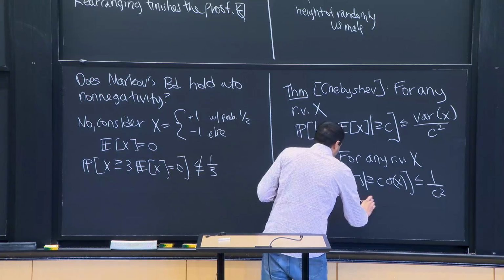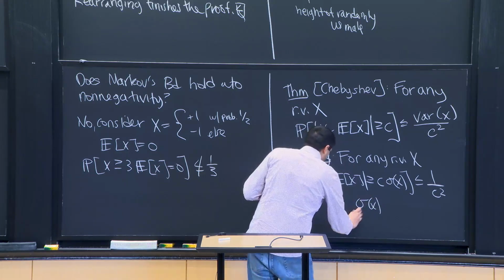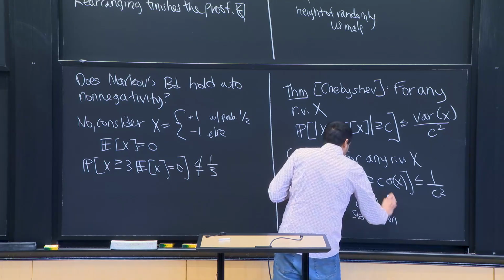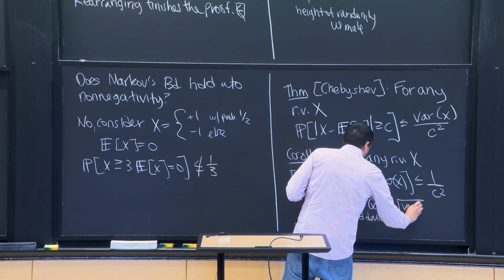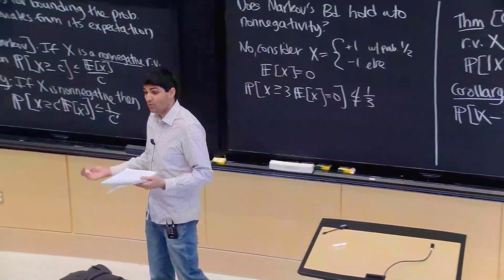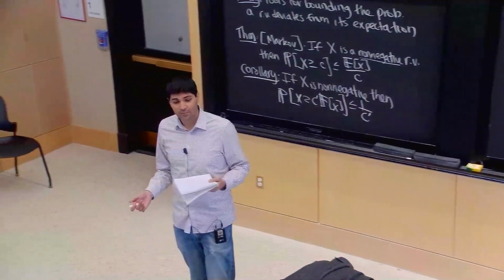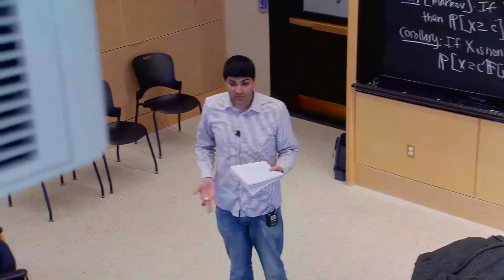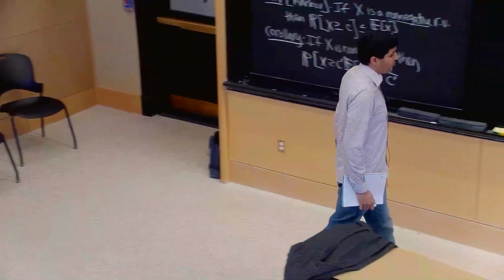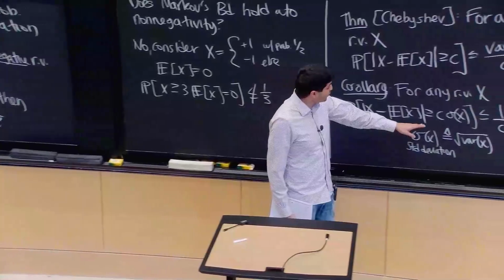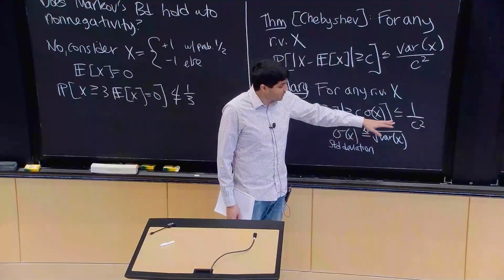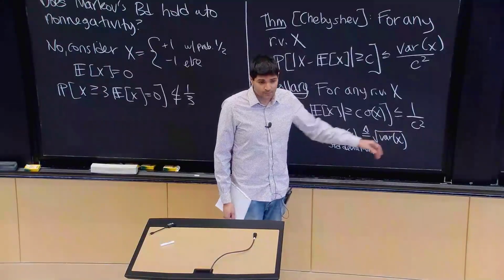And sigma of x is called the standard deviation. It's just defined to be the square root of the variance of x, okay? So the same way I had the simple version of Markov that allowed me to remember it, the probability that a non-negative random variable is twice its expectation is at most a half, the probability that a random variable is 2 times away from its expectation in terms of its standard deviation is at most a quarter. Okay.